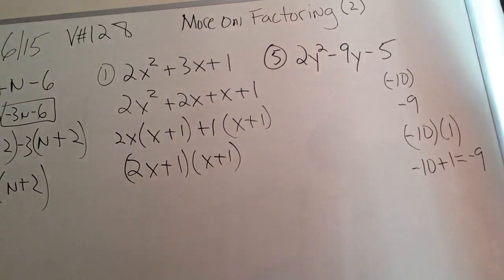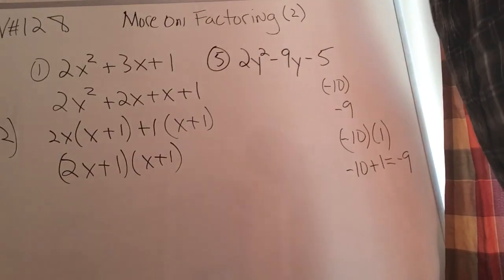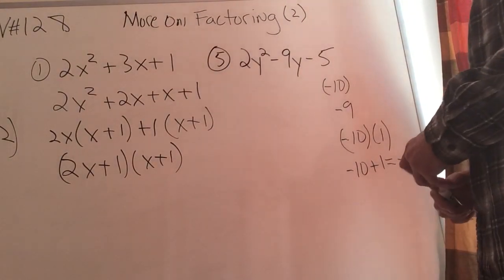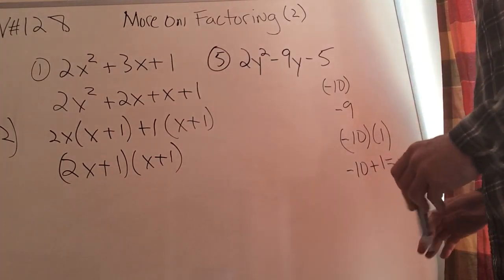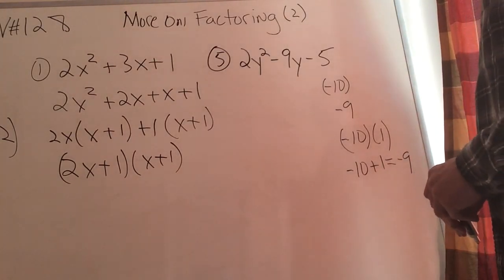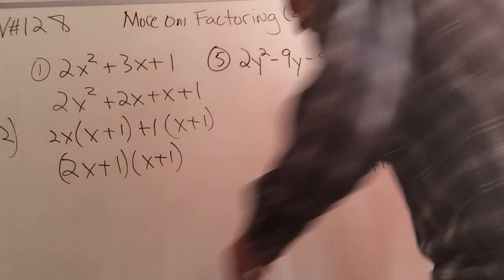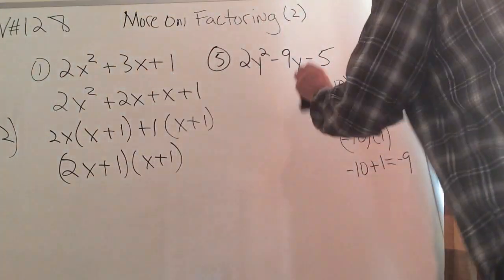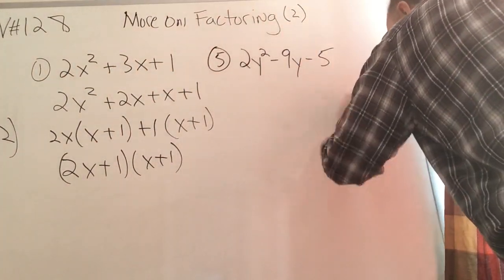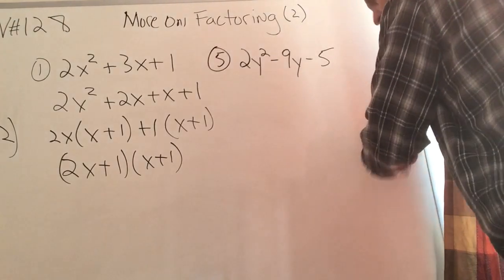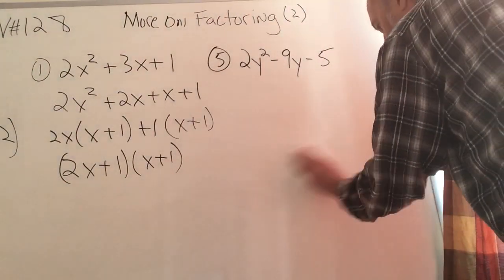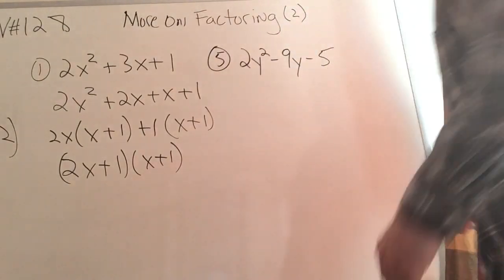That might take you a little bit of practice. You just write out the list if you're confused, and then you're in good shape. You're bound to find it. And if you can't find it, I repeat again, it's not factorable. Or something went wrong. Something was copied wrong. Who knows?